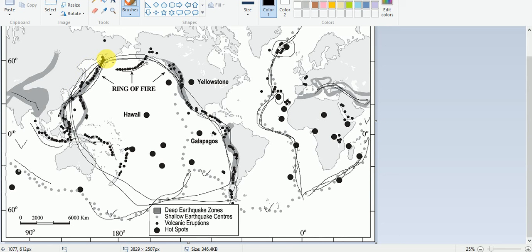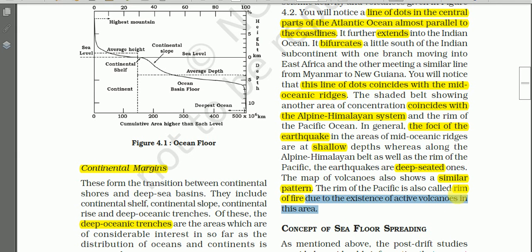Here we have a series of active volcanoes, and these again coincide with the earthquake zones. Ring of Fire or Rim of Fire, same thing.